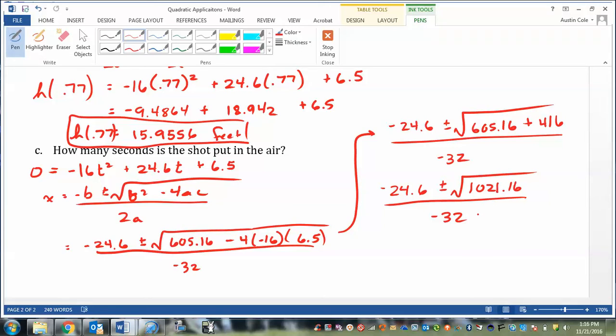I can't have a negative answer because that doesn't make sense, a negative seconds for the shot put to hit the ground. So I'm going to have a number divided by a negative, right? If I'm going to get a positive answer, I want my numerator to be negative, don't I? I want a negative divided by a negative so I get a positive answer.